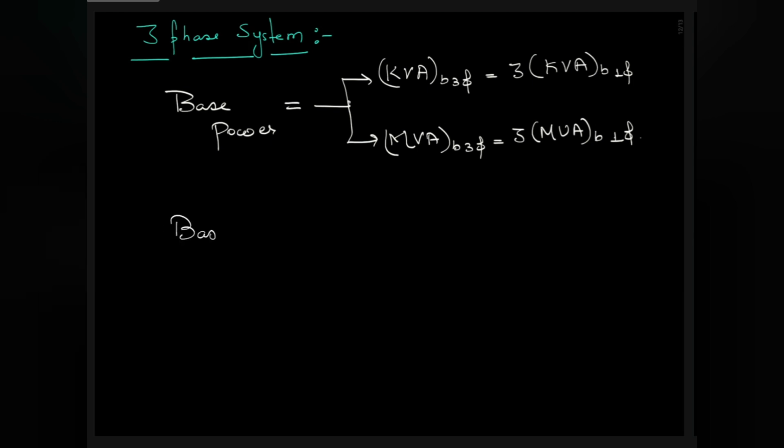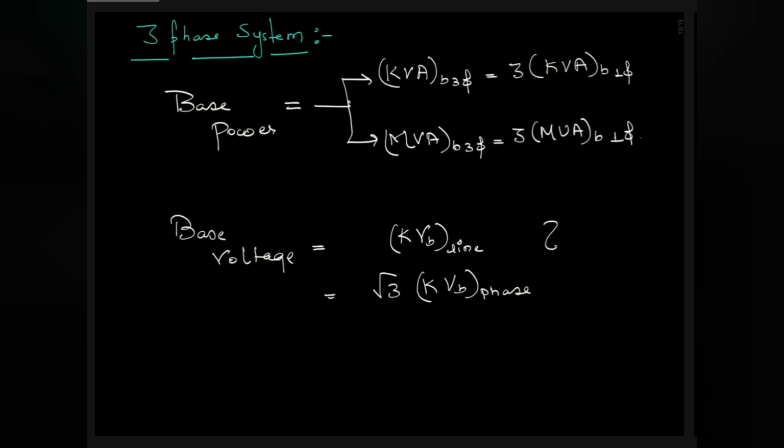Base voltage, we take it as kV base. This will be always line voltage. Okay, line voltage. So you need to convert this as root 3 times of phase voltage in star connection.